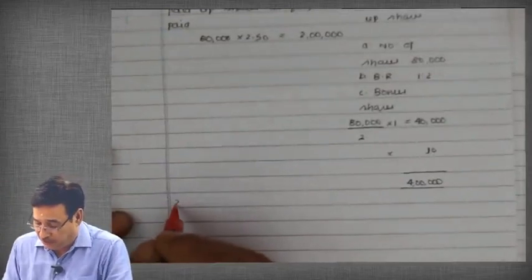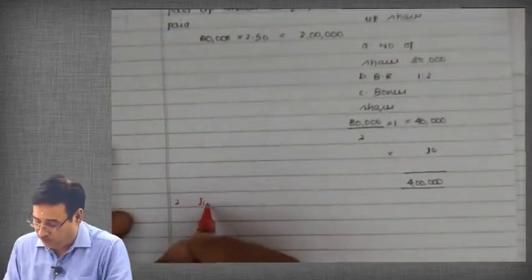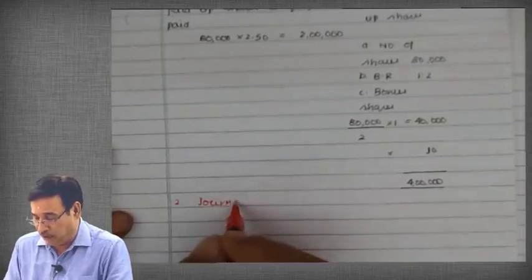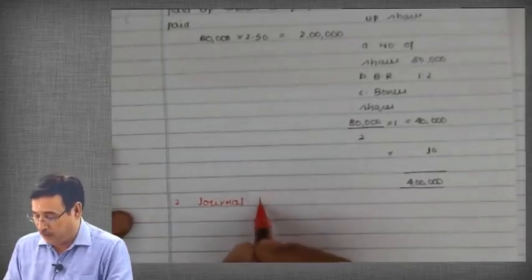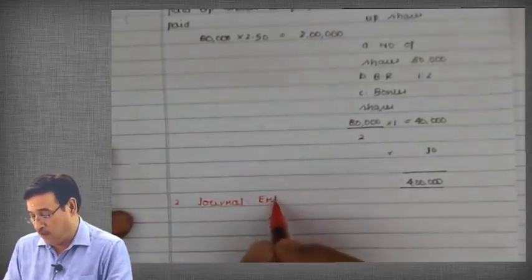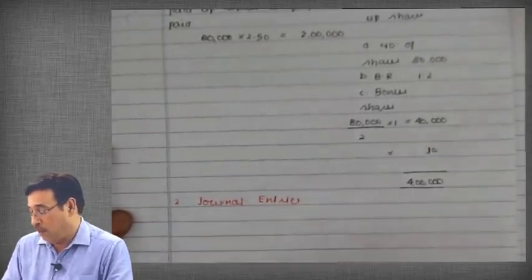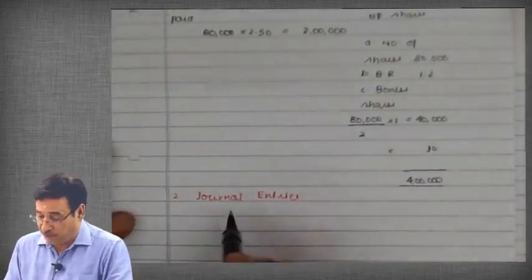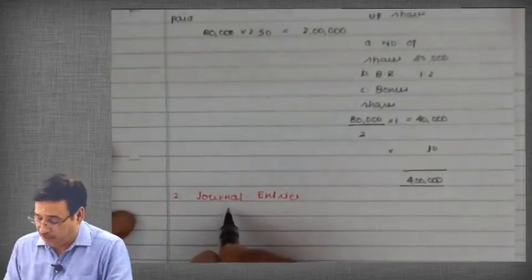Now journal entries, step number 2. Now you are going to pick up the journal entries. So what will be your journal entries? The first journal entry will be like this.